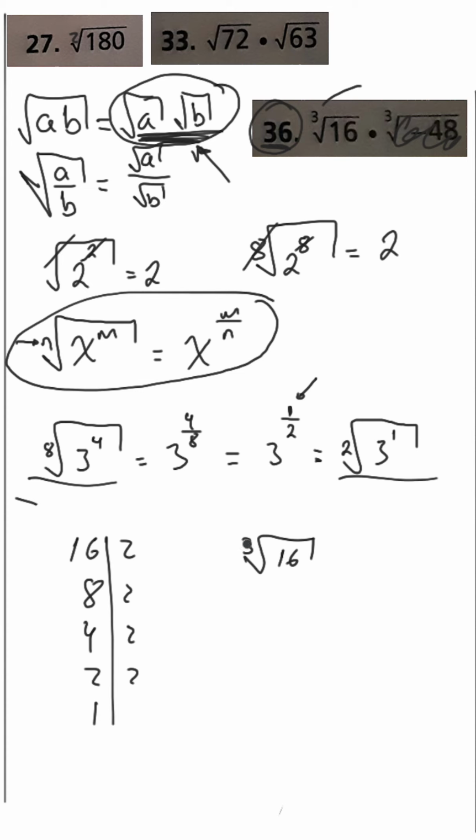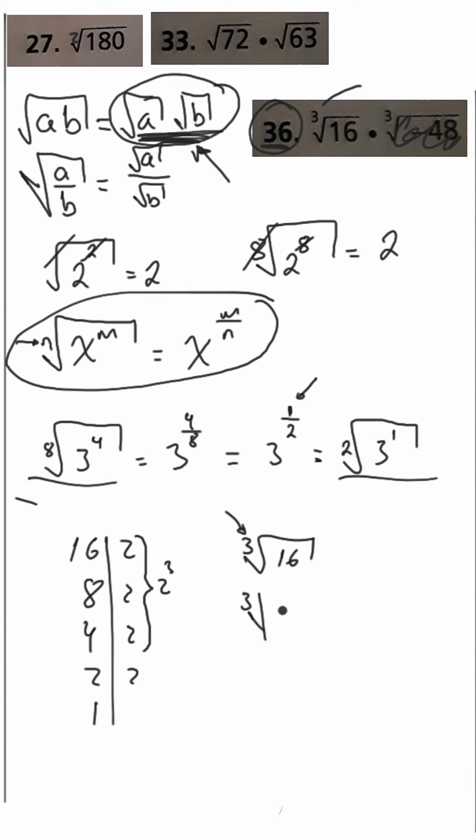So because there is an index 3 over here, I want the numbers that are repeated in threes, all right? So I'm going to pick 1, 2, 3 number 2s. So this is going to be 2 to the 3. And I want to choose that because remember, we want numbers that we can simplify with the root.